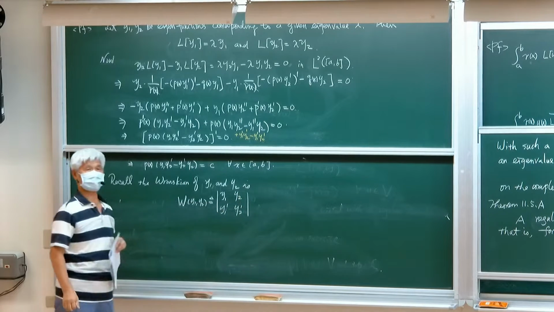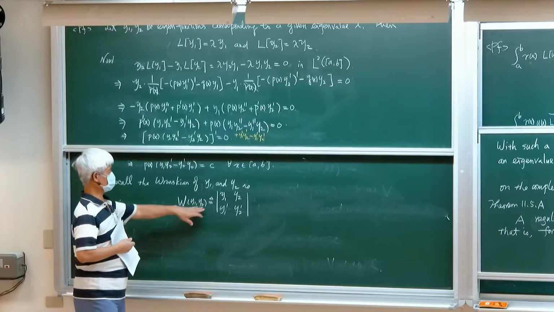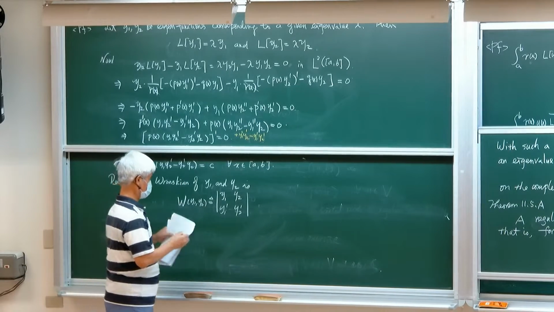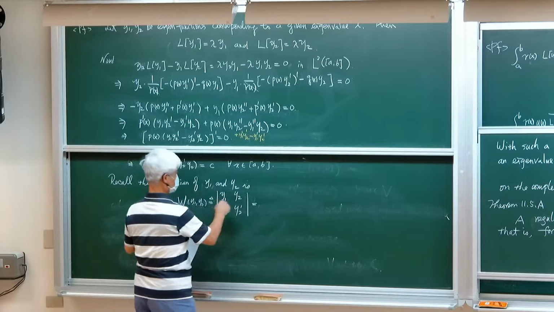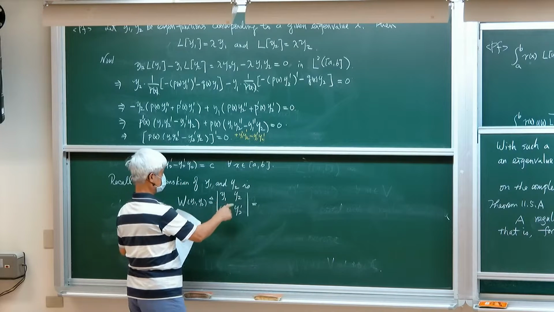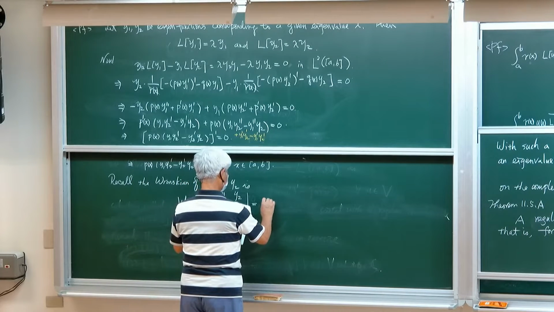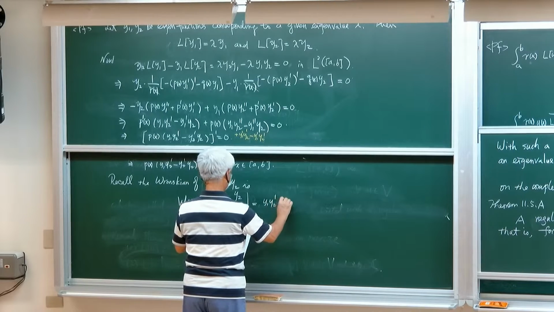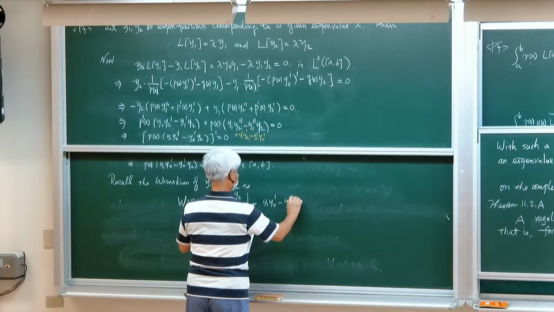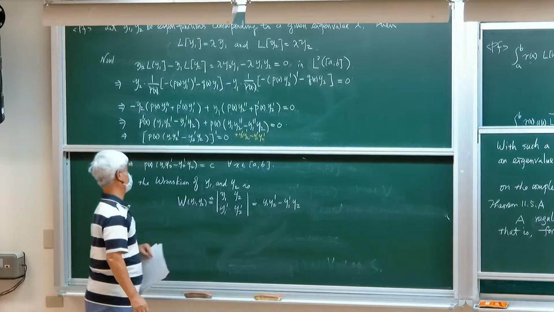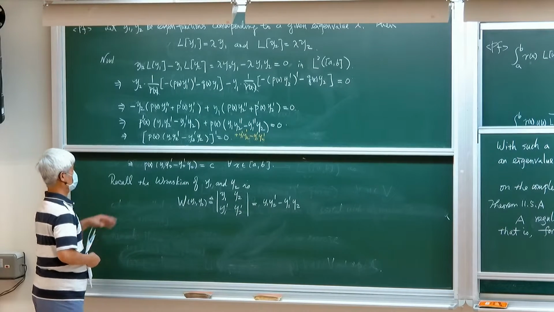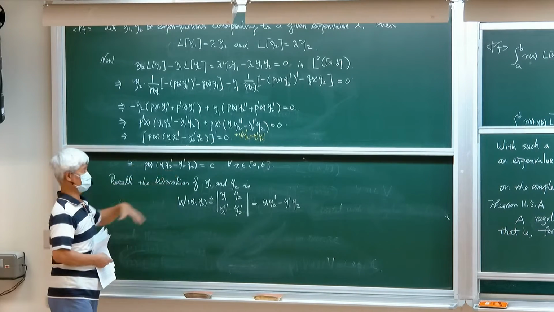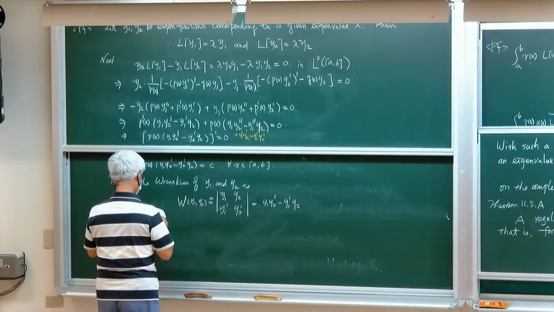So this is the Wronskian of two functions, and so this is y1 y2 prime minus y1 prime y2. All right, so this identity is a description of the Wronskian.